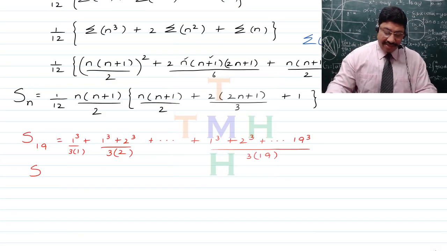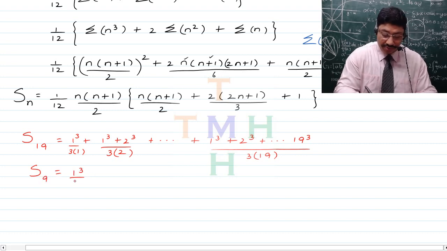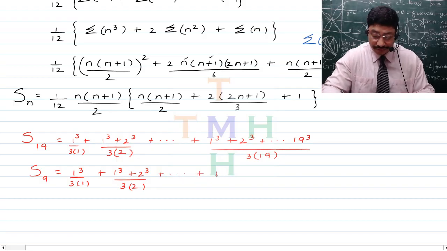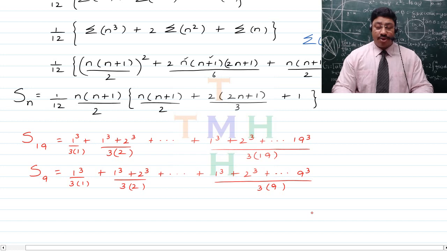So if from that we subtract S9, where S9 is going to be 1 cube divided by 3 times 1, and to that is to be added 1 cube plus 2 cube divided by 3 times 2, and all of that is going to continue up to the last term, which will be 1 cube plus 2 cube and so on up to 9 cube, and all of that gets divided by 3 times 9, right? Then we will have the sum of 9 terms.